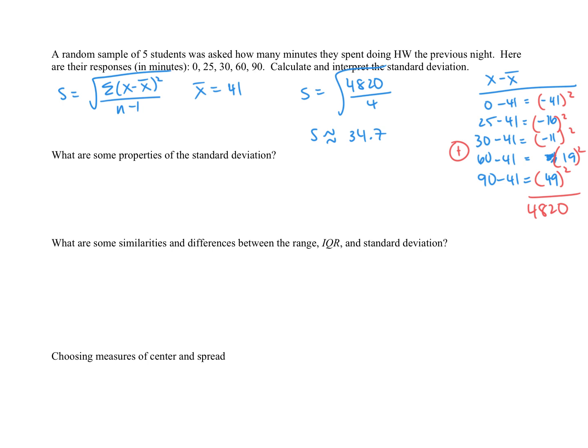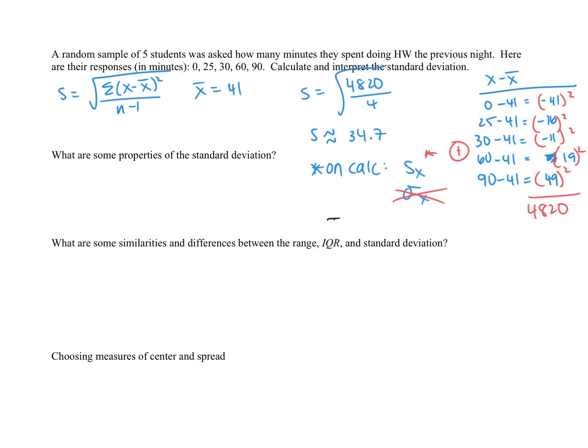To find this on the calculator, you would do 1-Var Stats again. On the calculator, it's listed as S sub x. There's also a sigma of x, and that is not the one you're using. Always S. To interpret this, this is the typical deviation from the mean.